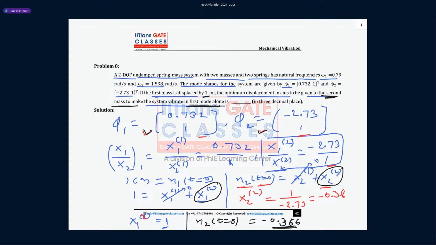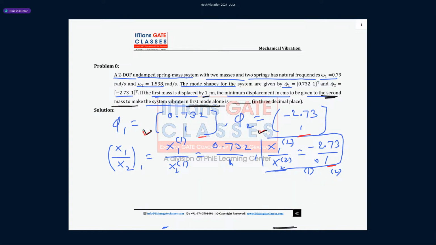Okay, so guys, if your system is vibrating only in second mode, then the answer will be this.